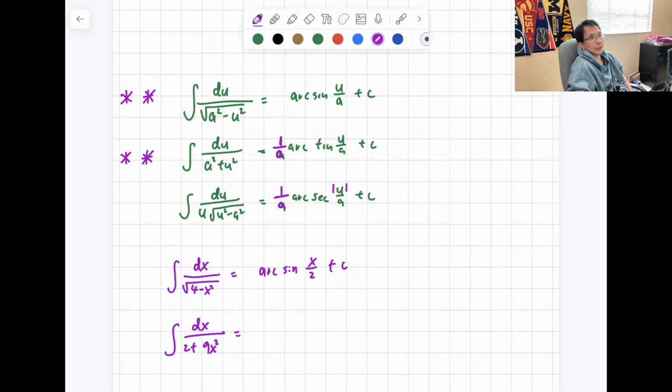I bet you got it wrong, so you can tell me. Is it 1 over root 2 arctangent of 3x over root 2 plus c? Nope. That's why I said I bet you got it wrong. What?